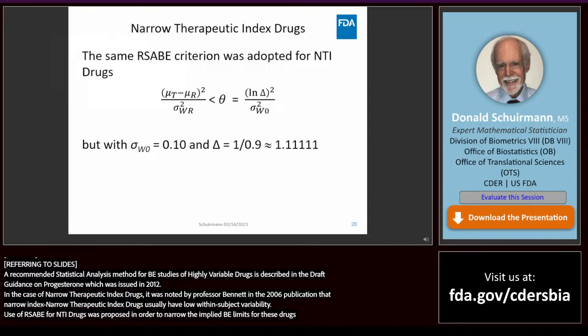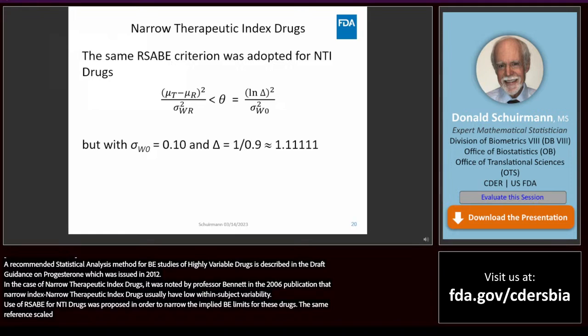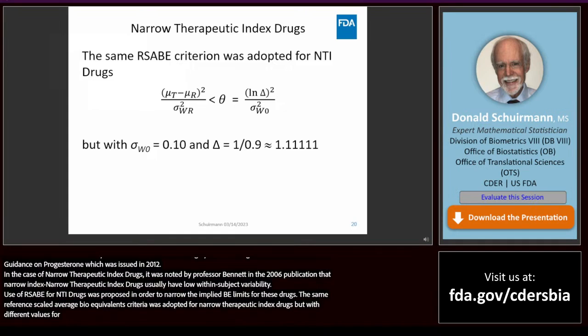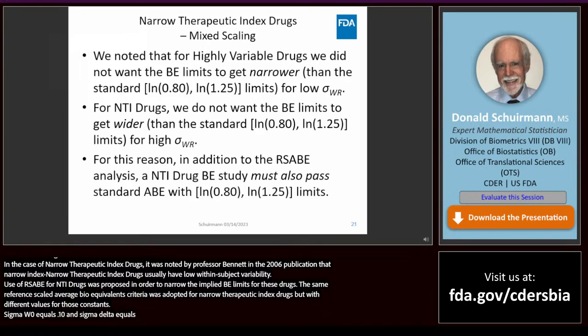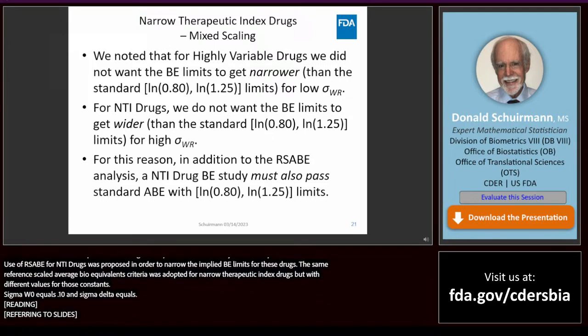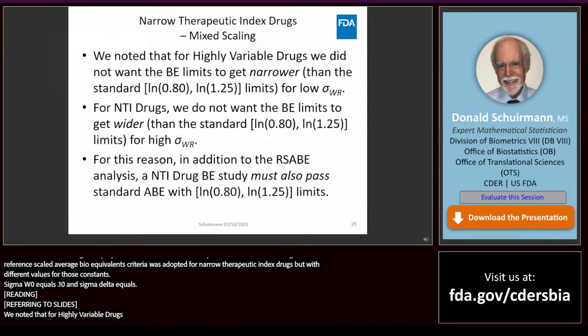The same reference-scaled average bioequivalence criterion was adopted for narrow therapeutic index drugs, but with different values for those constants. Sigma W0 is set equal to 0.1, and capital delta is equal to the reciprocal of 0.9, which is approximately 1.11111. We noted that for highly variable drugs, we did not want the bioequivalence limits to get narrower than the standard limits for low sigma WR.